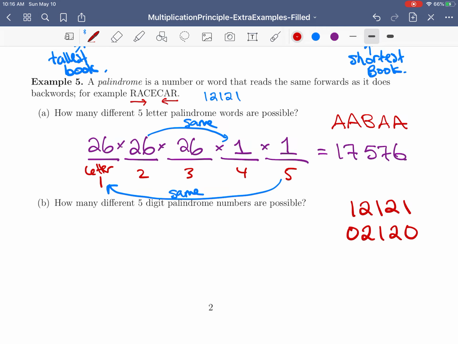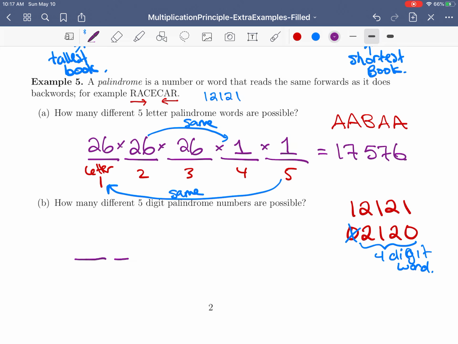Why not? It seems like it should be. The problem is that we would actually consider this to be a 4-digit word, because the 0 at the front, we wouldn't actually keep. So you want to be careful that when it says some number of digits, that means the first digit cannot be 0.